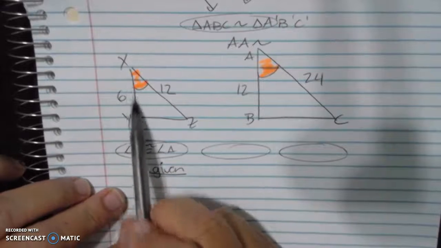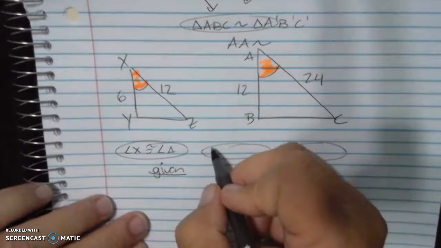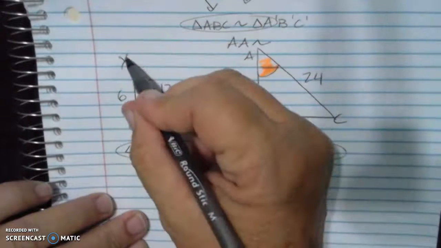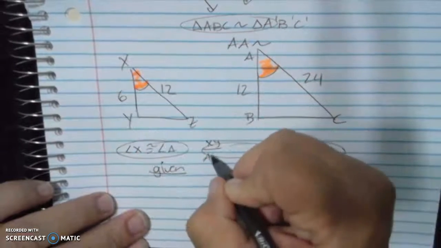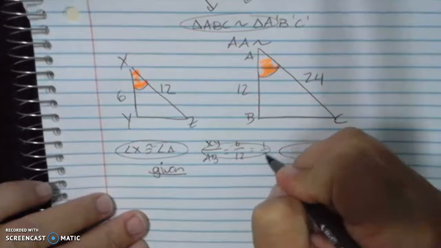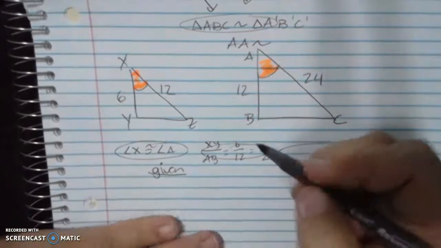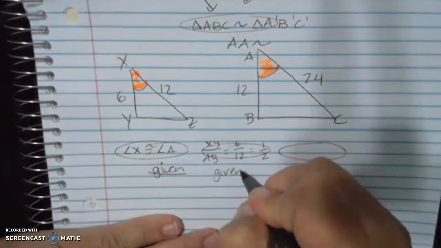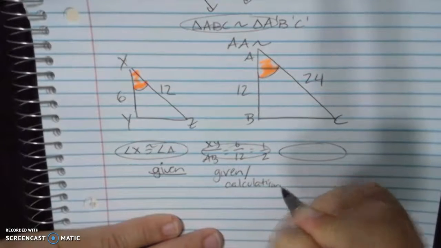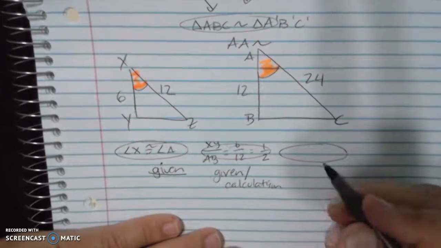But what about this right here? I need to look at XY and compare that. I went from the top down, so here I'm going to do AB. XY equals 6 over 12, which reduces to 1/2. Well, how did I get that? In a sense, it was given to me, but I also had to do a calculation. So I have to write that in there.